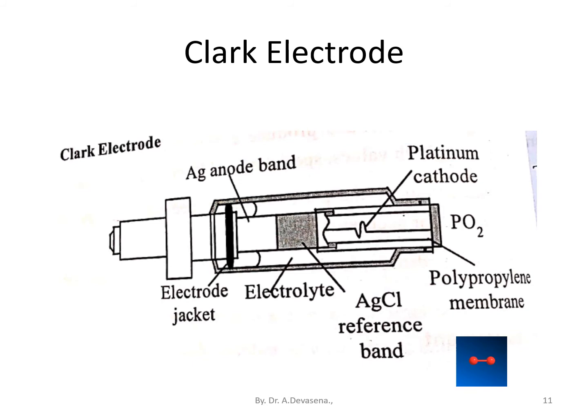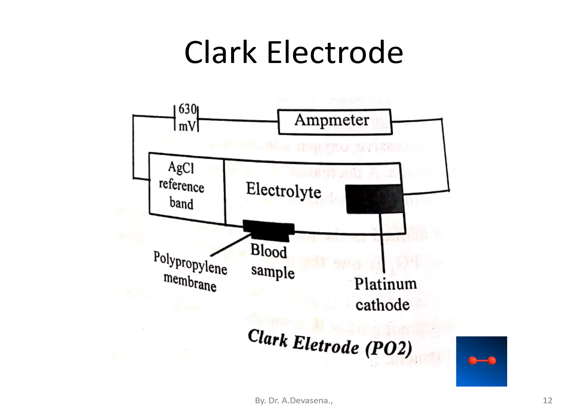This circuit comprises a platinum cathode and an Ag anode band. The reference band is AgCl. We have an electrolyte jacket and a polypropylene membrane. This is indicated in this diagram. Clark electrode representation is shown here.